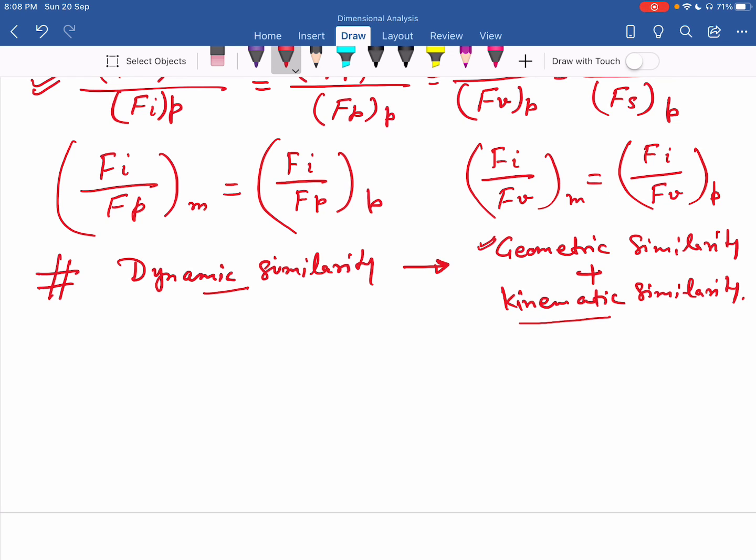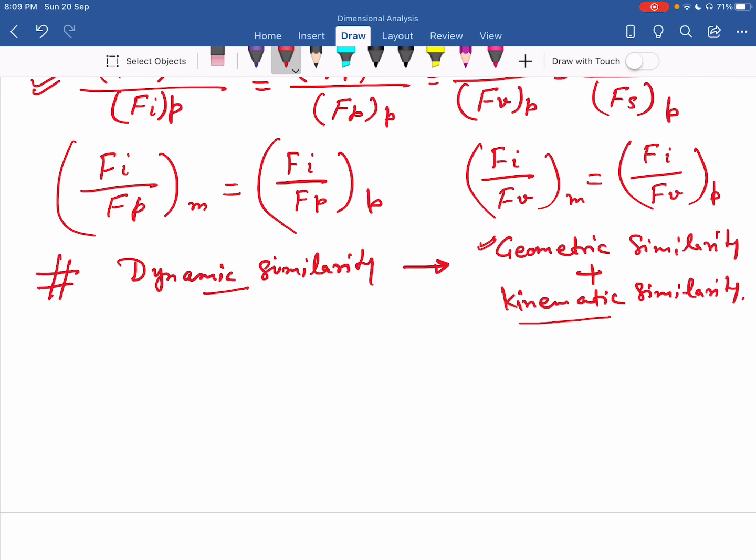For a particular phenomenon, you can say one force is predominant. So according to that force, you have the dimensionless number. According to that dimensionless number, you can use that law, which becomes a dimensionless model law, to establish a similitude between the model and its prototype for that particular physical phenomenon.